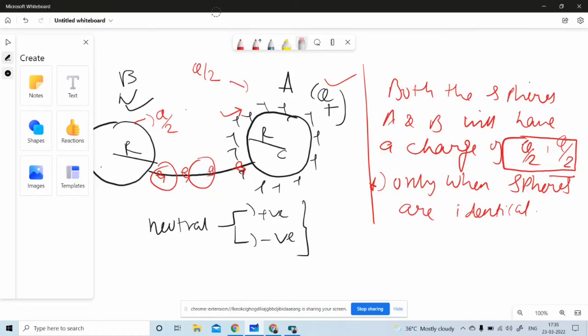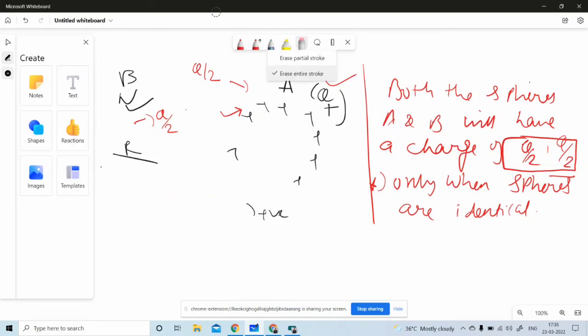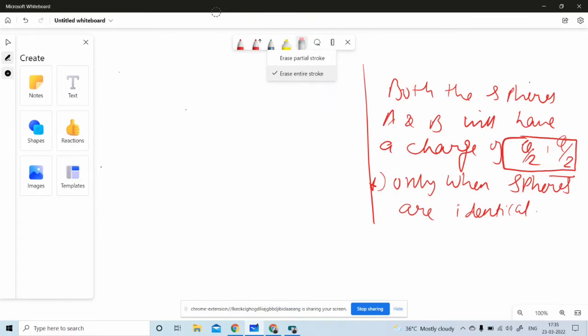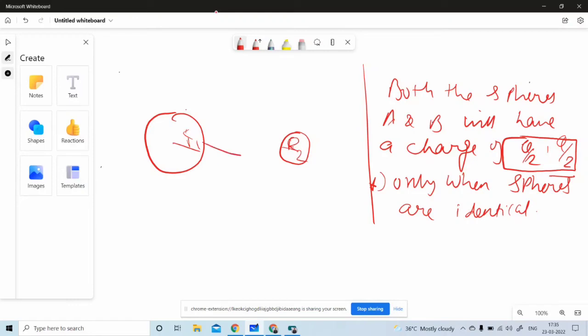What if one sphere has a radius r1 and another has a radius r2? In such cases, charges will not be equally divided. Suppose r1 is the radius of one sphere and r2 of the other, with r2 less than r1. Suppose this one had a total charge Q total and the other was neutral.